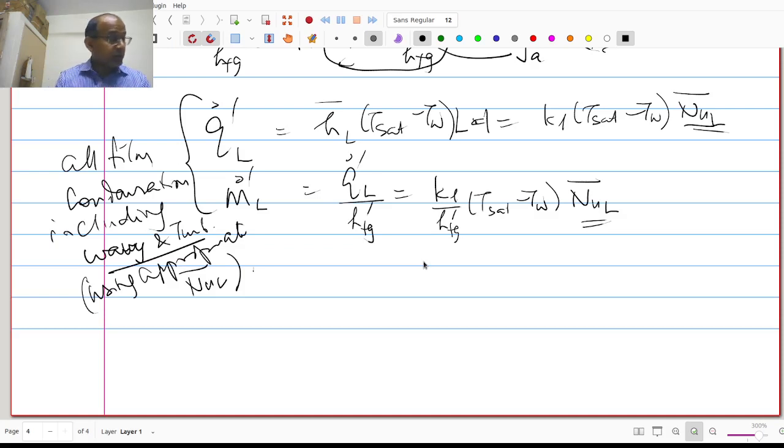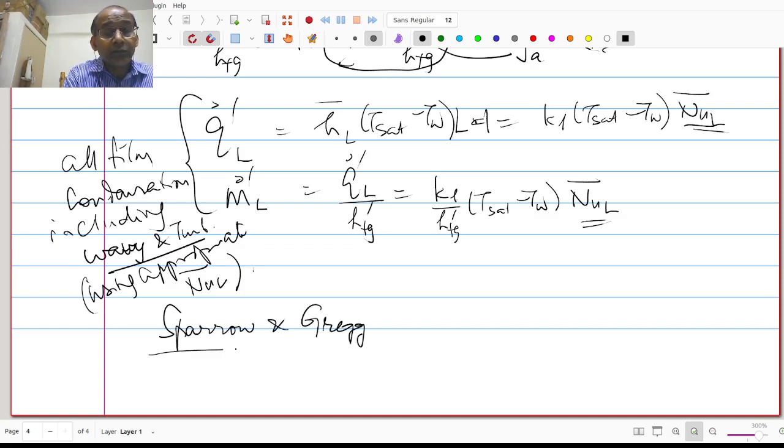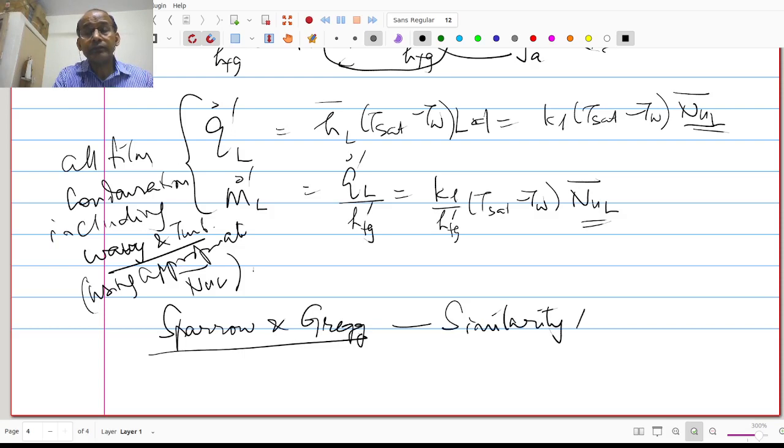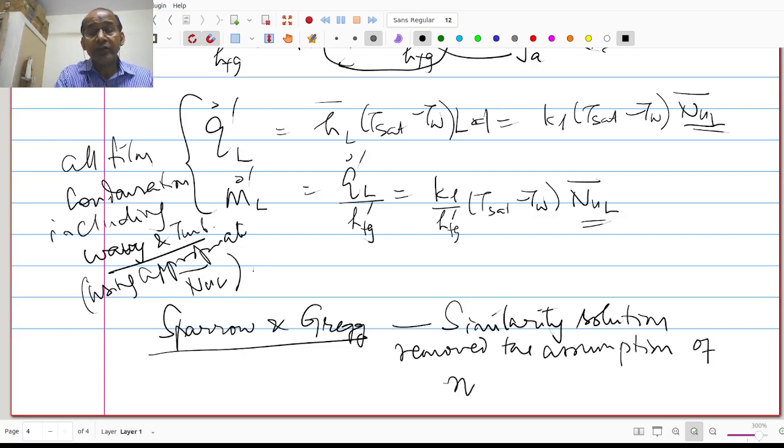The first one is about Sparrow and Gregg. Sparrow and Gregg did a similarity solution, after removing the assumption of negligible inertia.